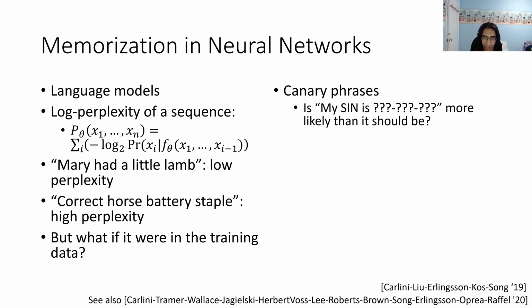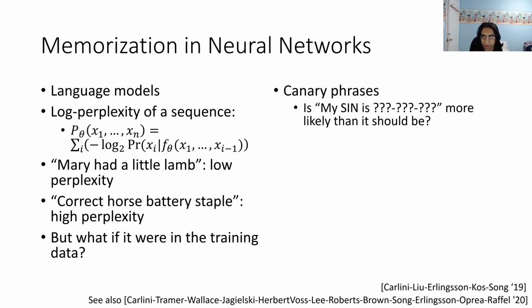Suppose that your SIN number is truly in the data set in a format like this. Then it would be revealed by the language model by having a lower perplexity score than it should.